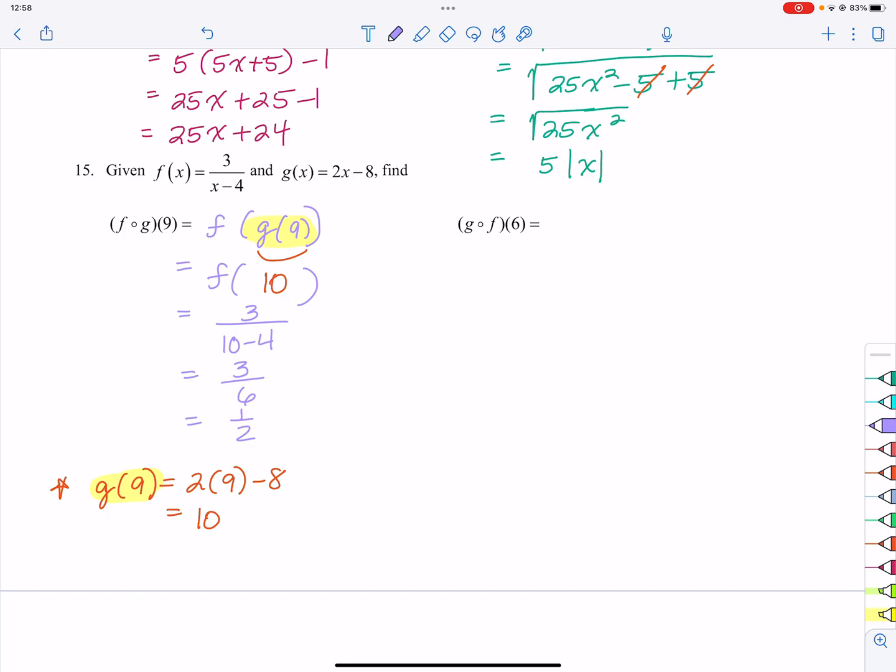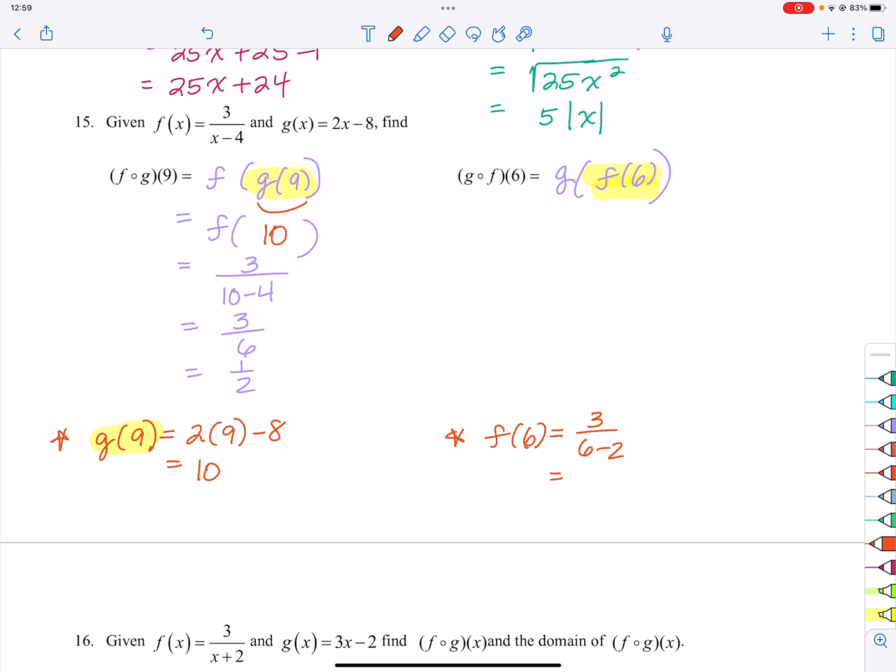Okay? Now let's find g composed with f of 6. And again, we'll go somewhere else on our paper and find f of 6, and that's equal to 3 divided by 6 minus 2, and that's equal to, 6 minus 4, and that's 3/2.